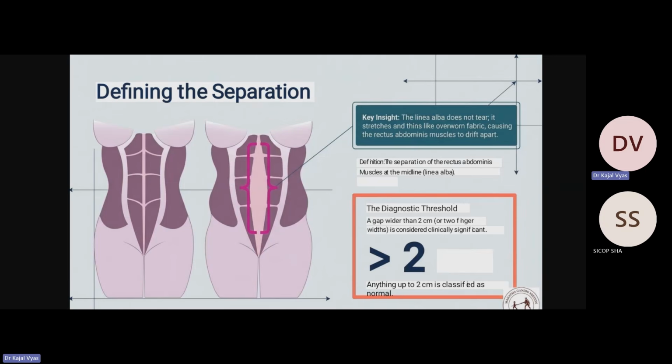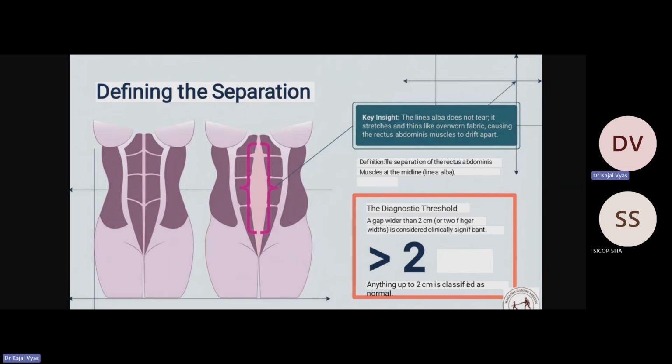The two rectus abdominis muscles are connected by the linea alba, which is a connective tissue lining extending from the xiphisternum to the pubic symphysis. Because of stretching, it separates the two rectus abdominis muscles apart, which shows the presence of diastasis recti.